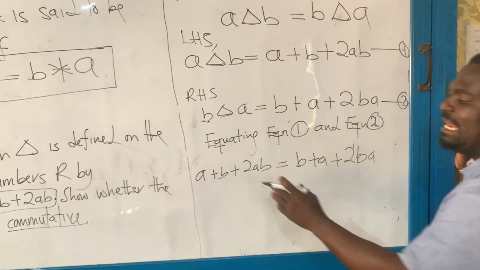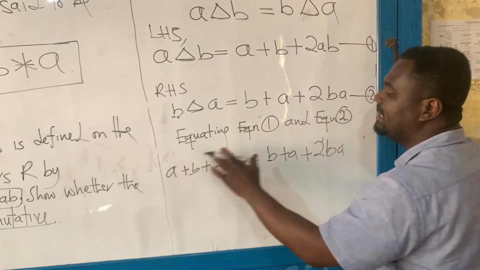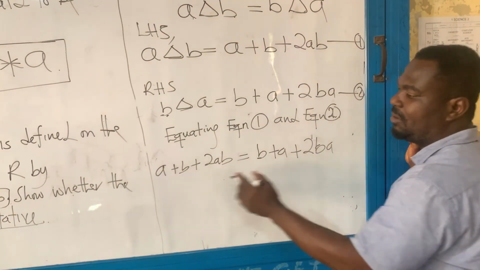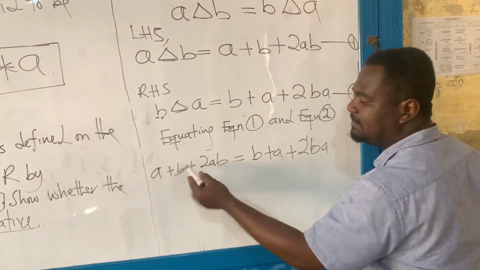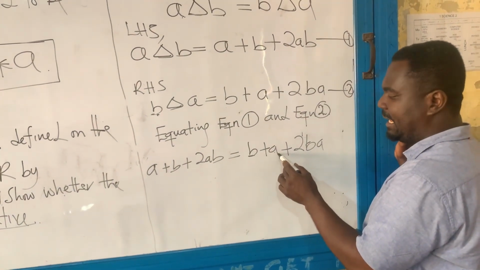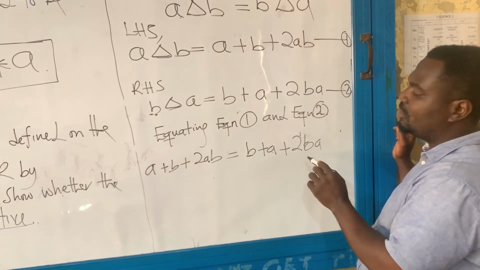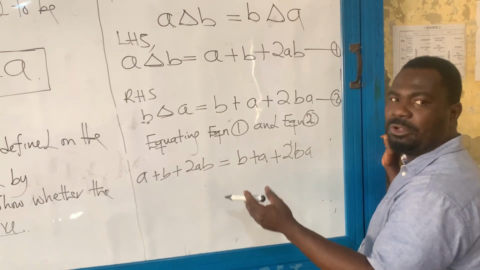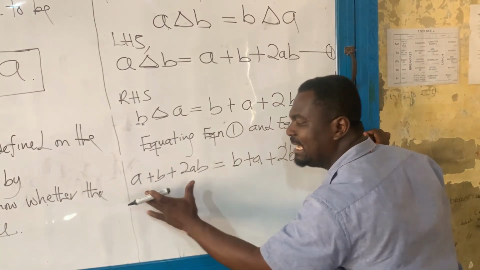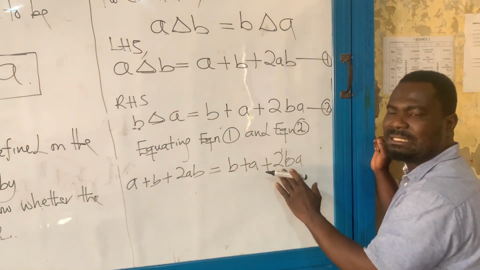So you could see that the left hand side is the same as the right hand side, because addition is commutative. So A plus B is the same as B plus A. And multiplication is also commutative. AB is the same as BA. So you could see that the left hand side is the same as the right hand side.